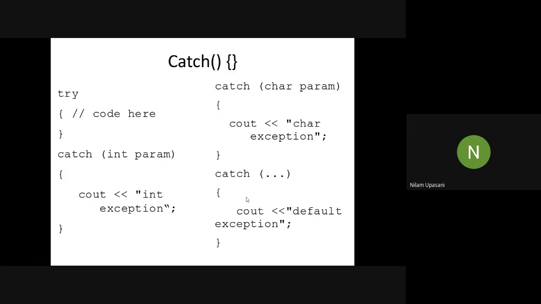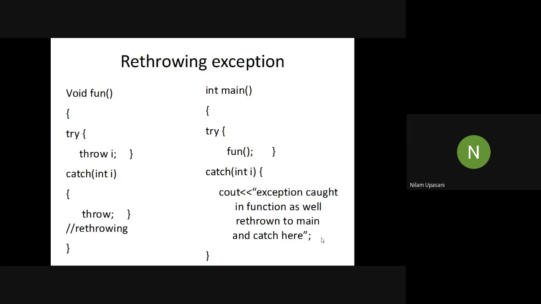And once that catch statement is executed, your control comes after the catch statement. It will not go back to the try again. It will just go to the next statement after catch. So these are some important points that we discussed yesterday about the execution of try and catch and about exceptions. Now today let us discuss the next thing, that is rethrowing the exception.